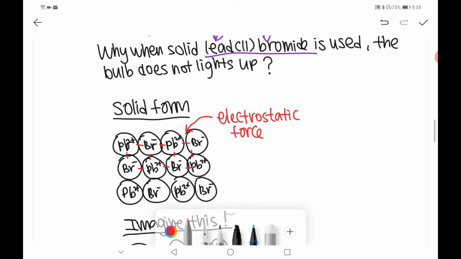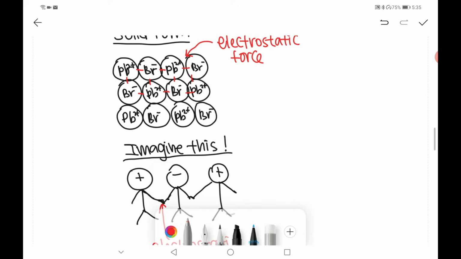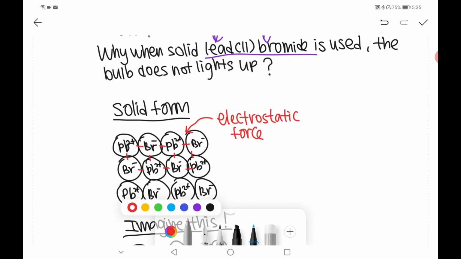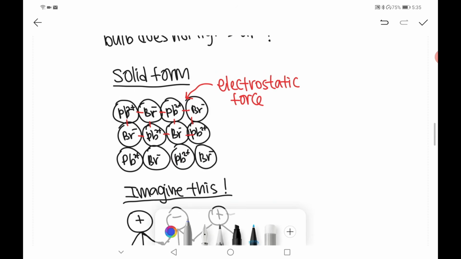So how are we going to put this in words? How are we going to use some words to explain? You can explain something like this. In solid form, this is the answer you can write: in solid form, you can see all the ions cannot move.